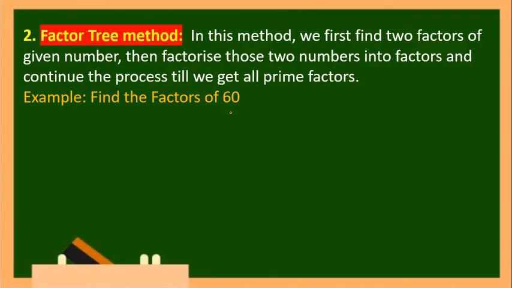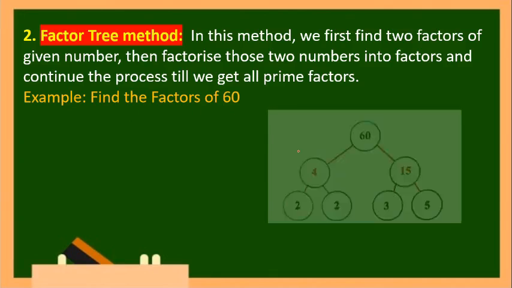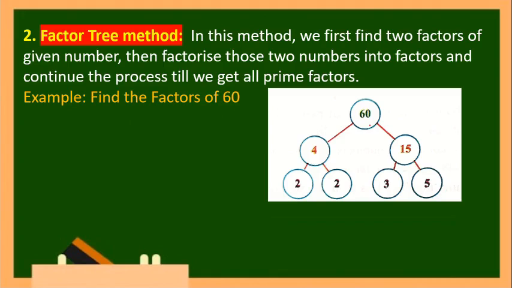Find the prime factors of 60 by using the factor tree method. 60 is first divided into two factors: 4 and 15, that is 4 into 15 is 60. 4 is further factorized as 2 into 2.